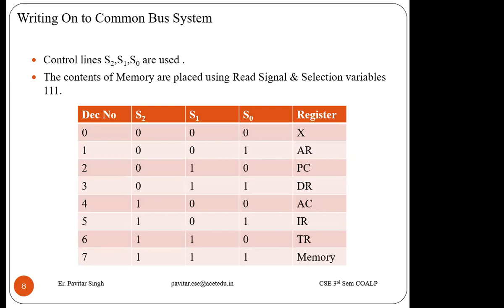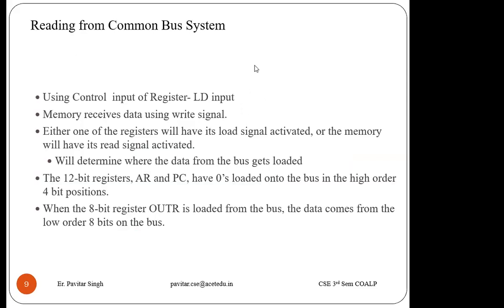So next we have reading from the common bus system. This uses the control input of the register, which is called the load input, LD, right? A register reads the data from the common bus system by enabling the load control input, reading the data from the 16-bit common bus into its flip-flops, right?